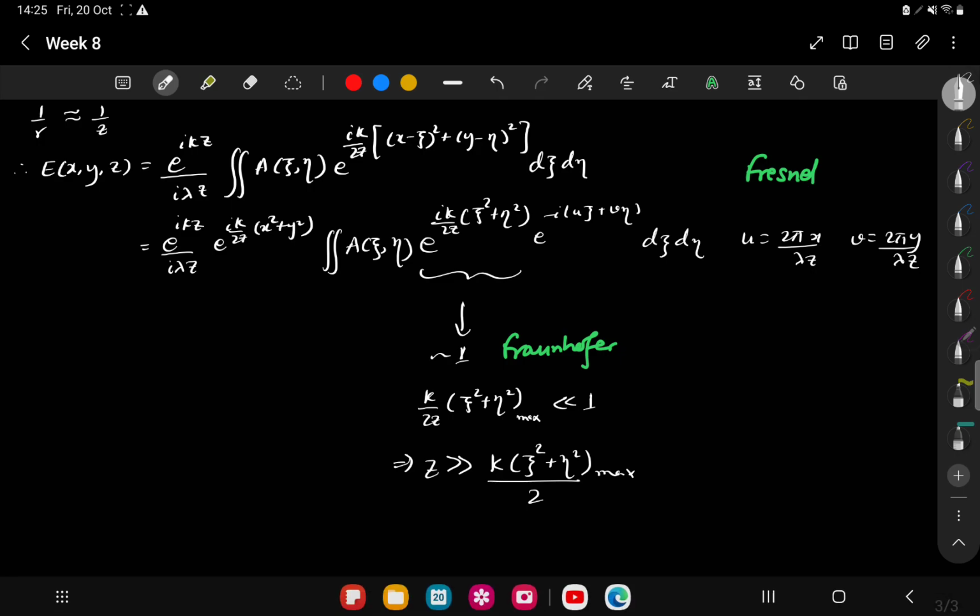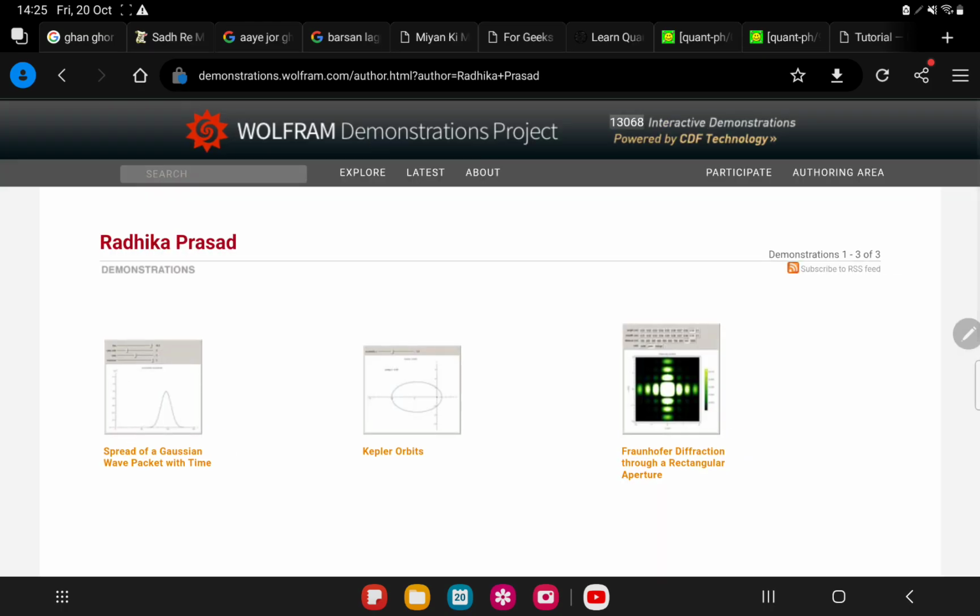that I have some simulations for Fraunhofer diffraction. So if you go to this page called Wolfram Demonstrations Project, then I have this demonstration for all of you. It is called Fraunhofer diffraction through a rectangular aperture.